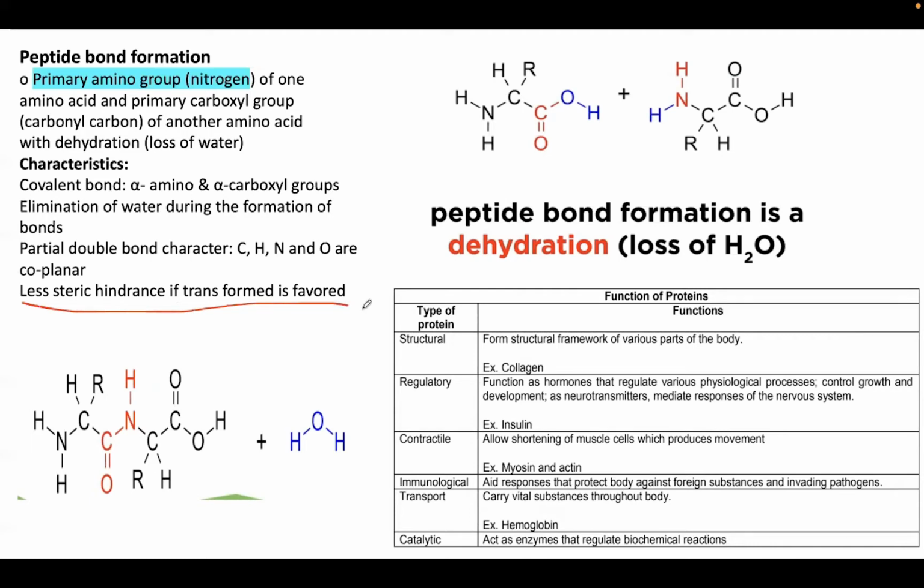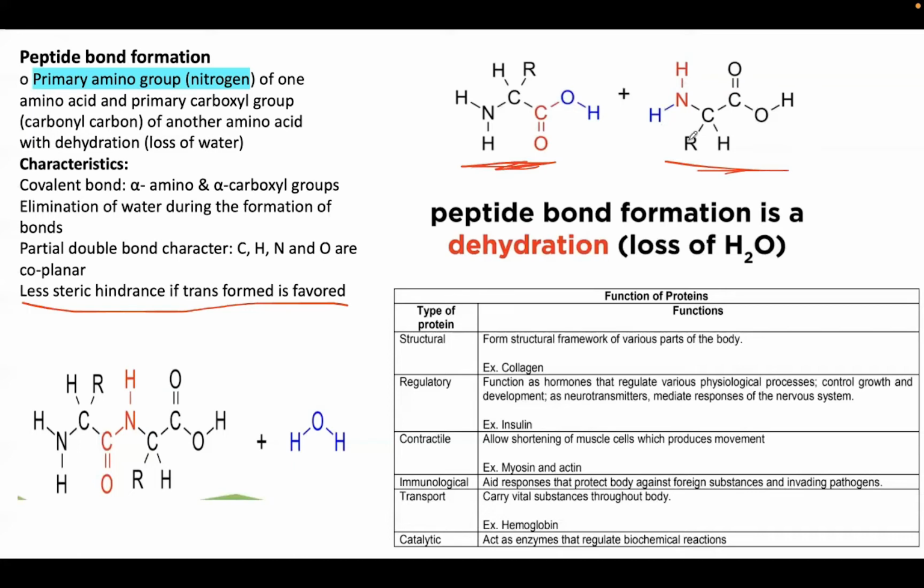So what did the ma'am say? Basically, when we have peptide bond formation, let us recall the peptide bond. It is when two amino acids join together. Let's say this is one amino acid and this is another amino acid. When we combine the two amino acids, we have what is called peptide bond formation.